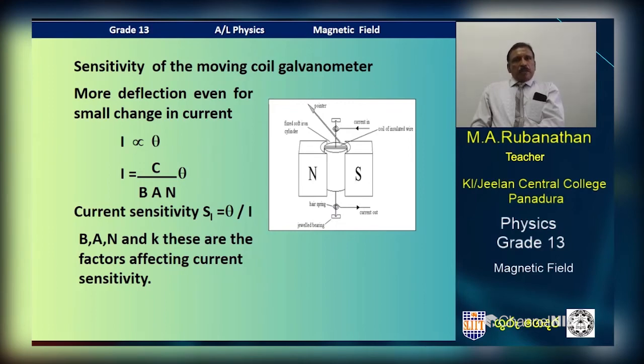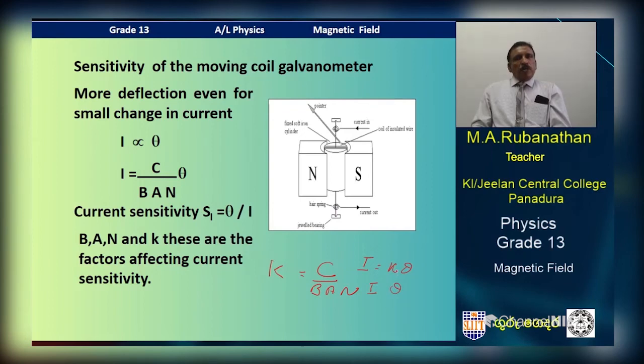So we put K for this value. K is equal to C over BAN. Then we write I is equal to K theta. So if I is small, theta is small.